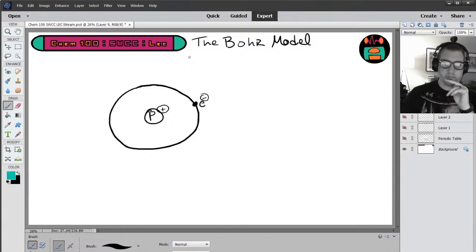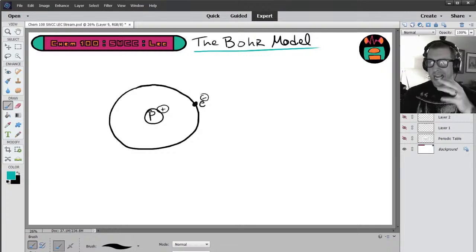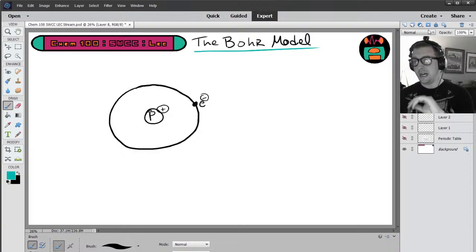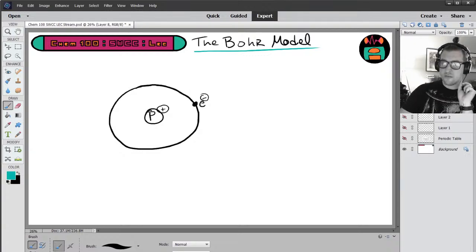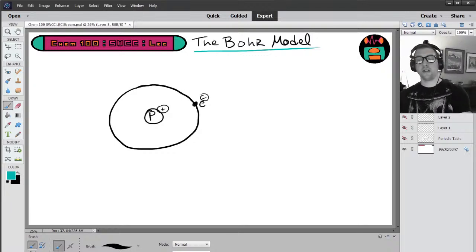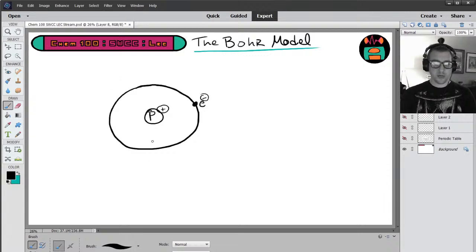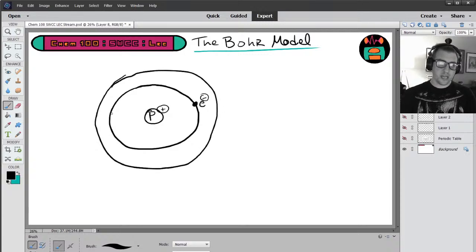The Bohr model of the atom is the one that, like I said, we first think of. One of the interesting features of the Bohr model, though it's not the entire Bohr model, and this is what led to the development of quantum theory, is that the electron is orbiting the nucleus, but it does so in specific orbits.